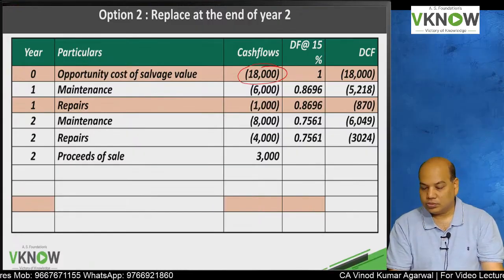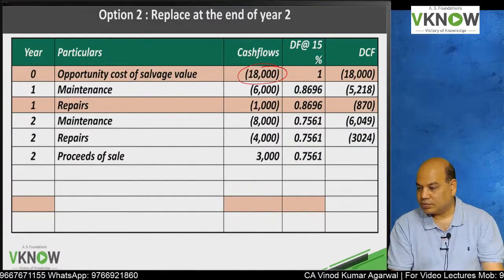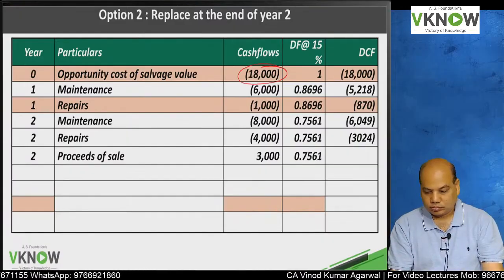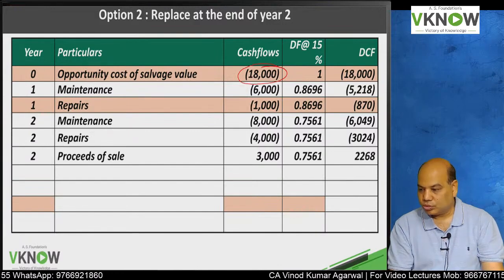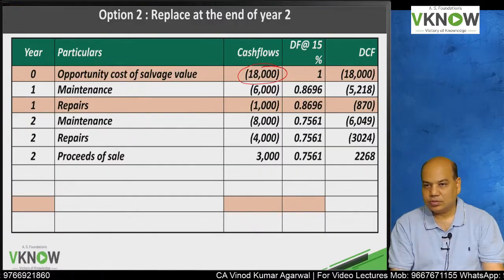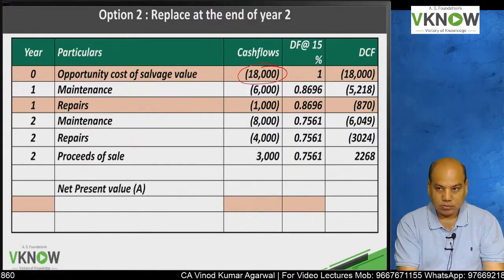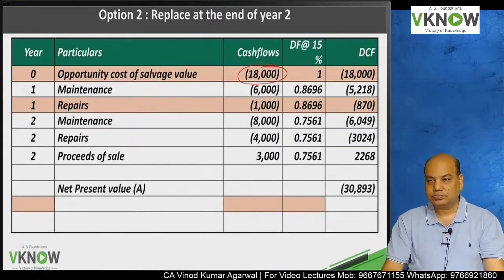Factor 0.7561, so 2268. Please take the total.